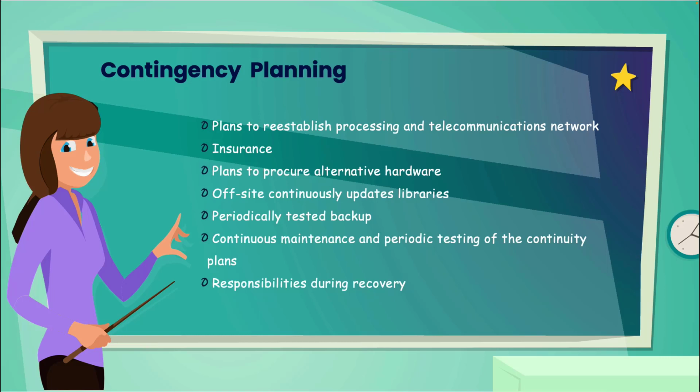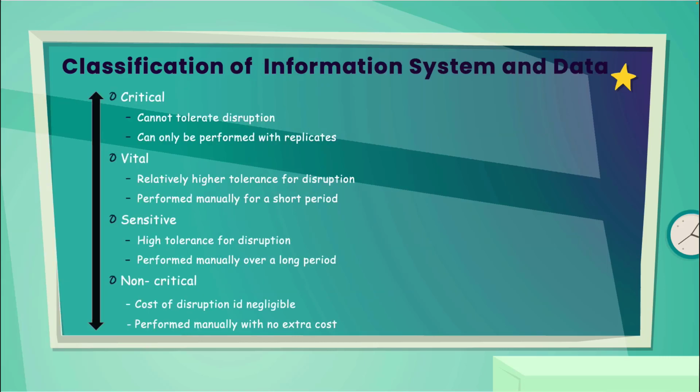You also need to maintain the recovery and continuity plan. You need to update it on a regular basis. And you also should state the individuals or the teams who are responsible for the various functions during the recovery phase. So again, BCP or contingency plan is a plan B, what to do under adverse circumstances.